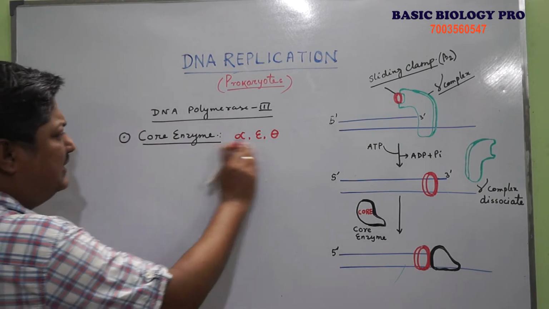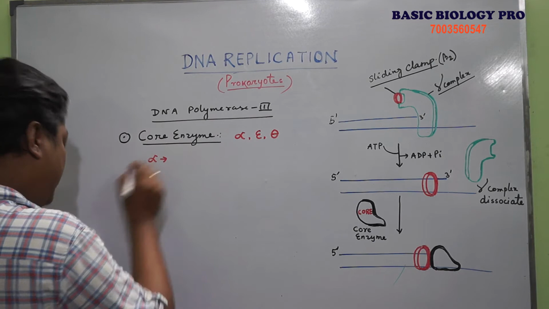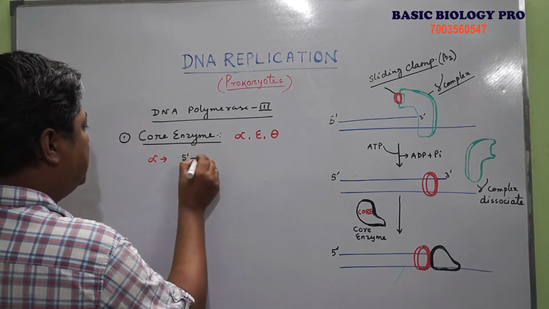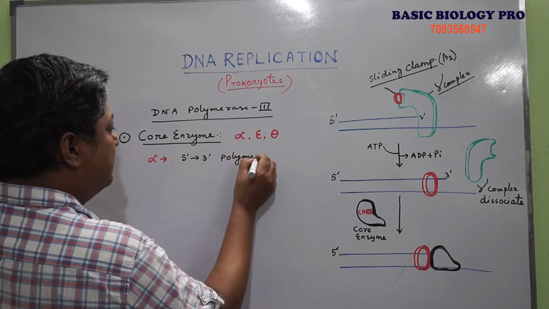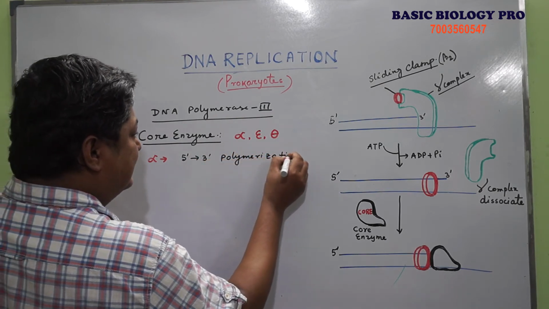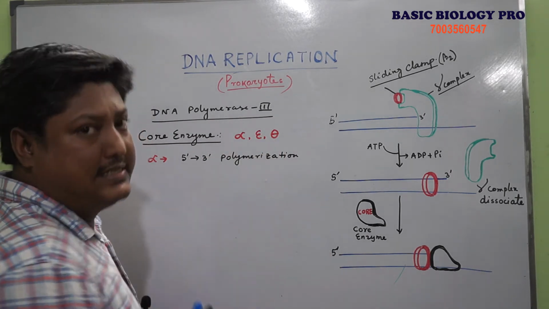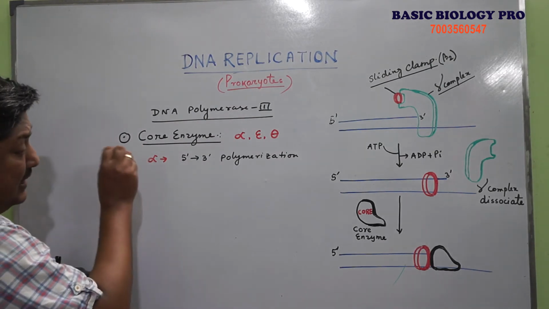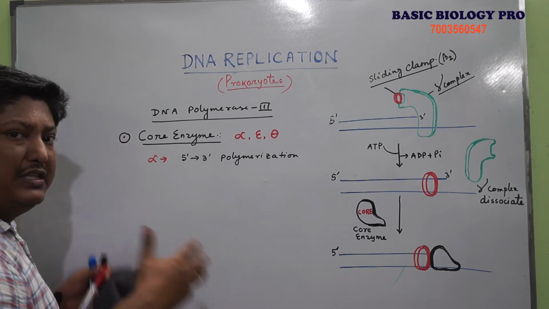Now among these 3 subunits, the alpha subunit is responsible for 5' to 3' polymerization. That means the extension of the strand.